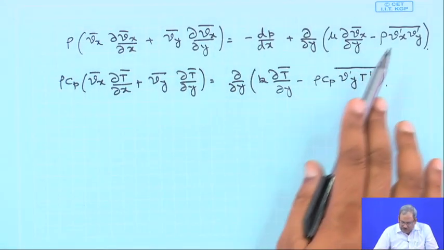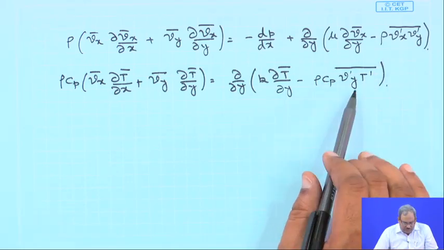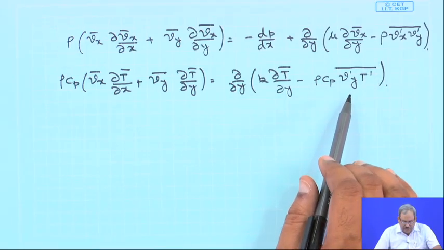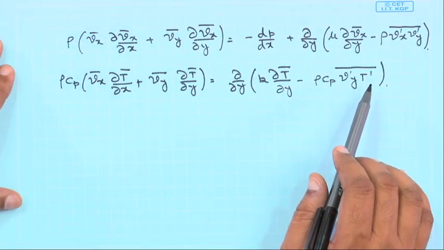So, these two extra terms on the right hand side account for the effect of turbulent fluctuations in momentum and turbulent fluctuations in temperature.